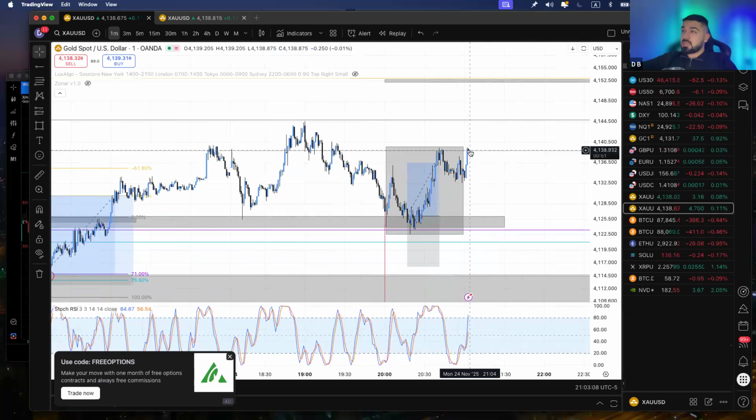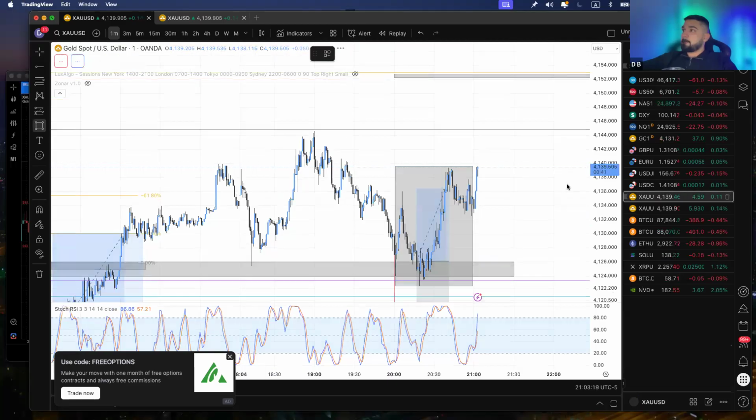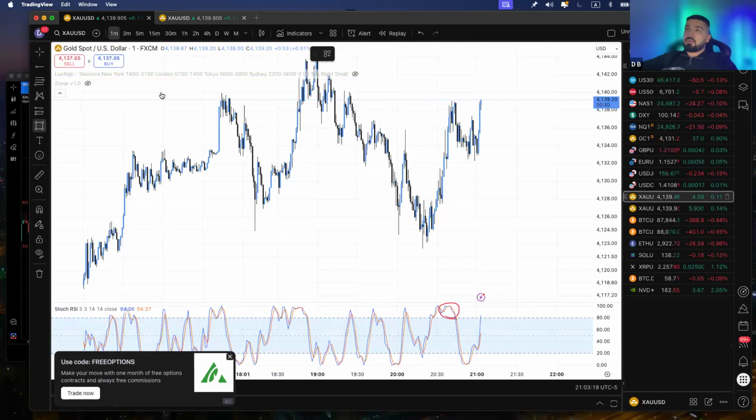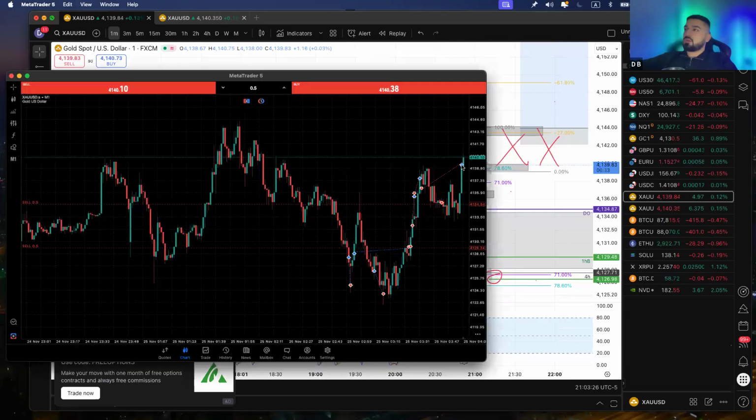Price has moved a bit bullish right here, but we'll stay in the trade. We'll stick to it for now. We'll see how price is going to develop. Once again, guys, I would say if we break this area here, as I mentioned, that's it. It's no trade zone for me. Most probably got stopped out. There you go. Did get stopped out.